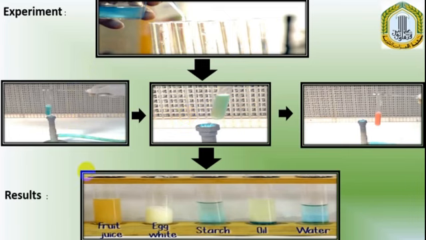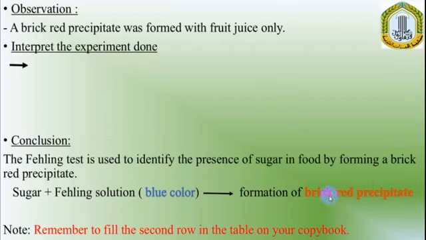Remember that the positive result of Fehling test is the formation of a brick red precipitate, which is observed only in the first tube containing fruit juice, as shown in the following document. So what we have observed is a brick red precipitate formation with fruit juice only.